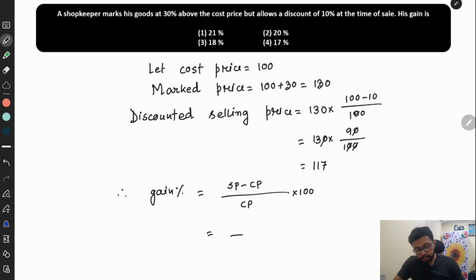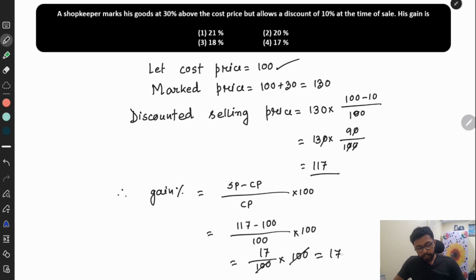So selling price is 117, 117 minus cost price 100, so 17 by cost price 100, multiplied by 100, which is 17%. So option 4 is the correct answer.